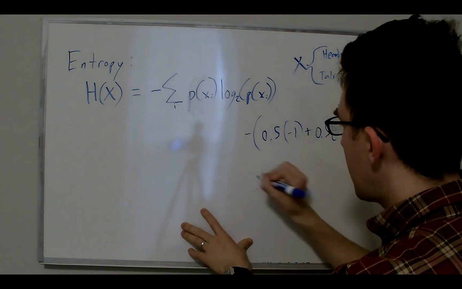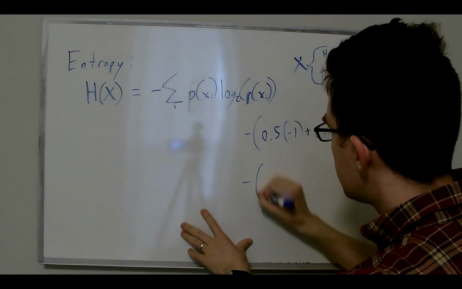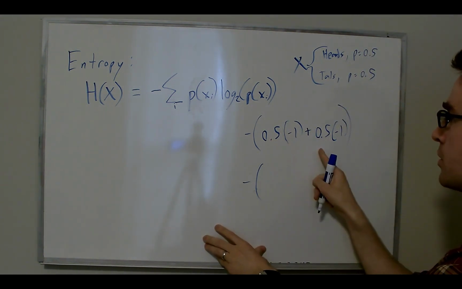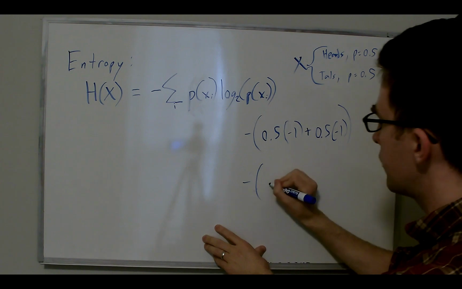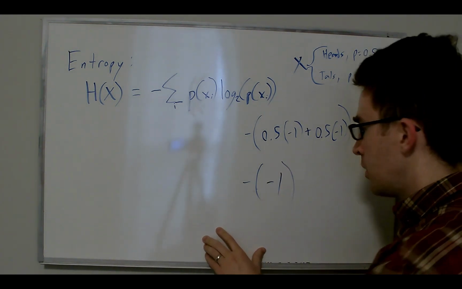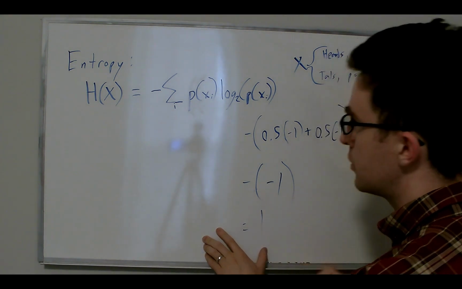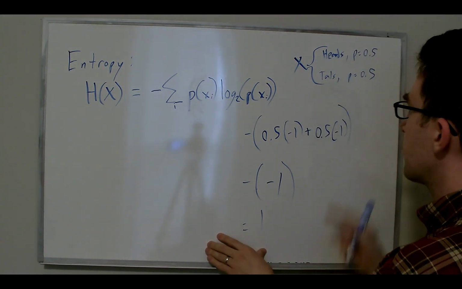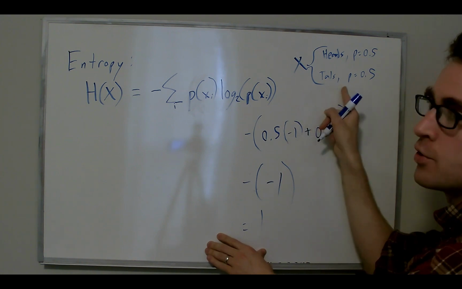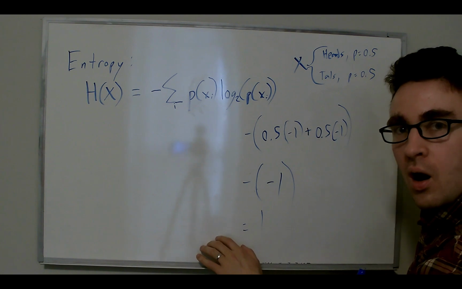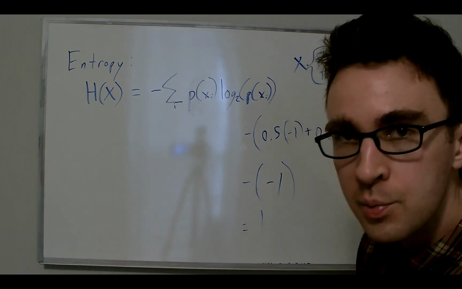Then we have the negative of all of this, which equals -1, so it's just +1. So the entropy for this fair coin flip distribution is just 1. Hopefully you guys are following me at this point.